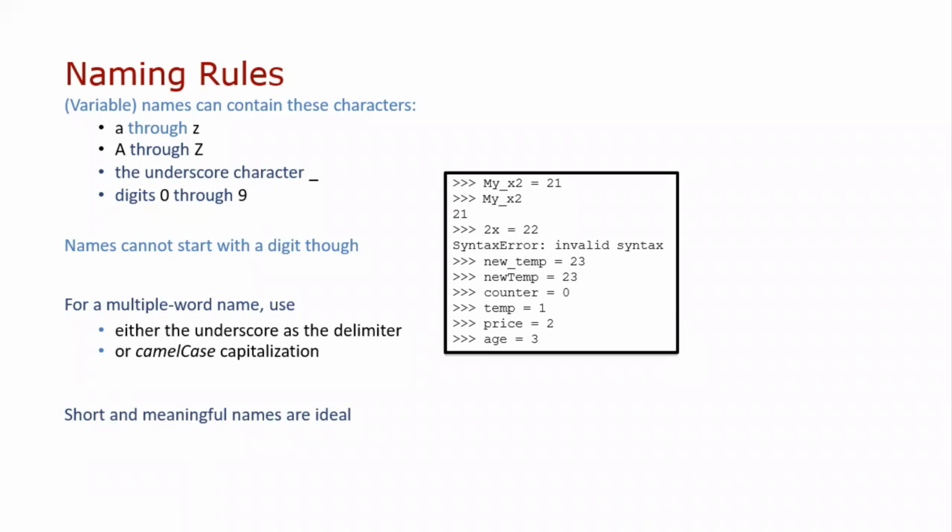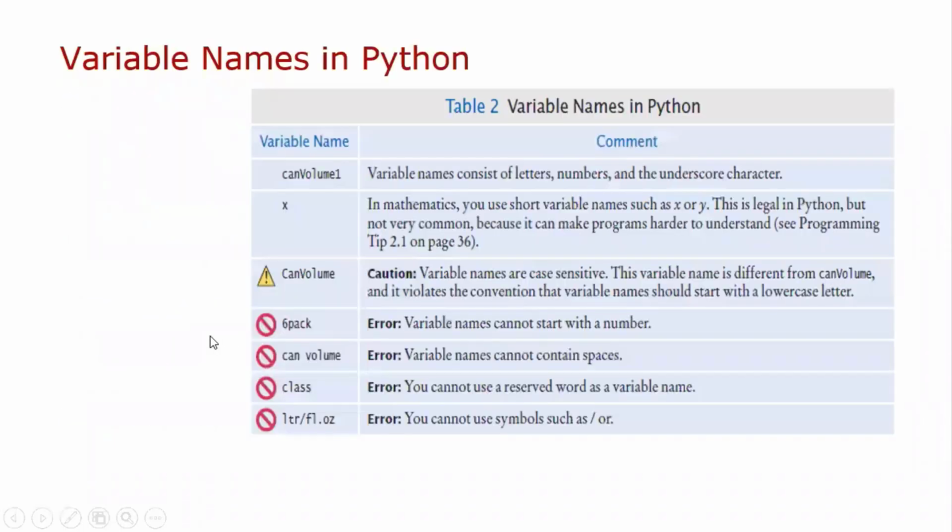Age, you name it age. If you want a compound name, what does it mean? It means a name that contains two words. So you put an underscore between these two words. This is the convention that we're going to use.